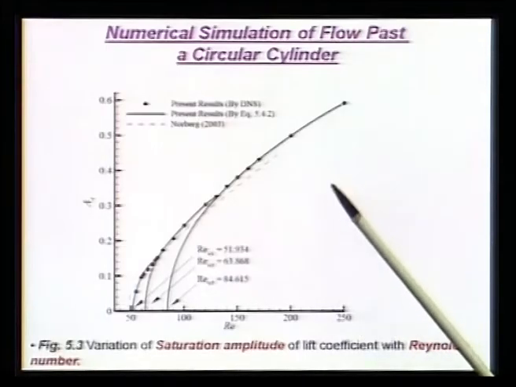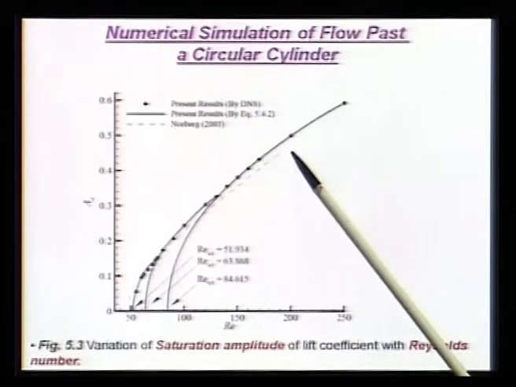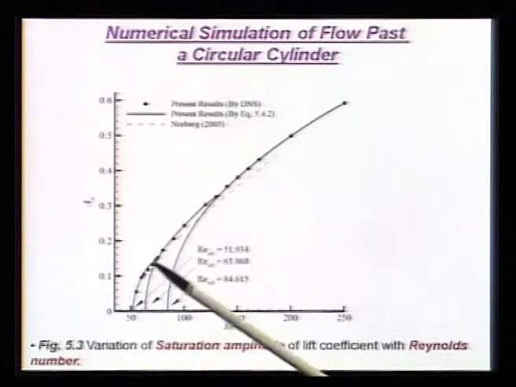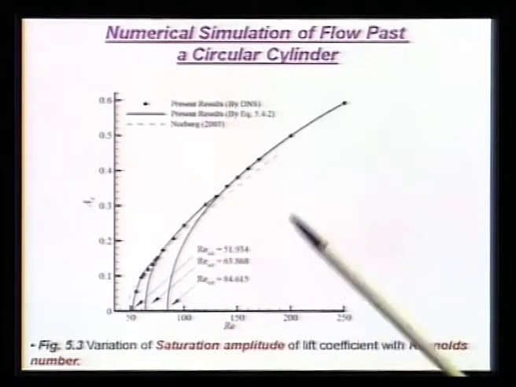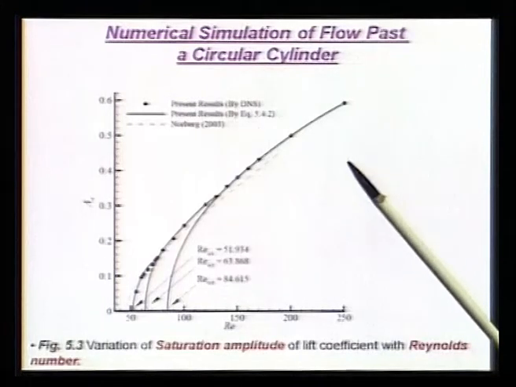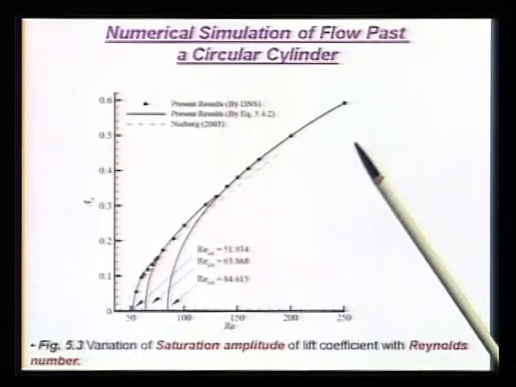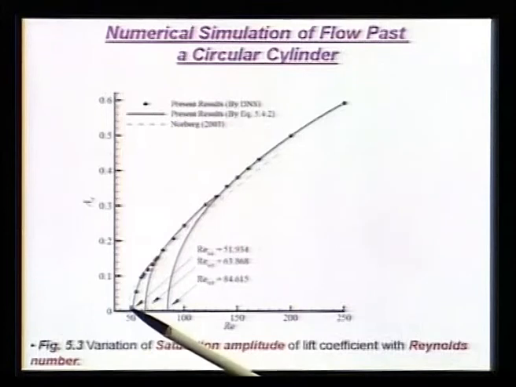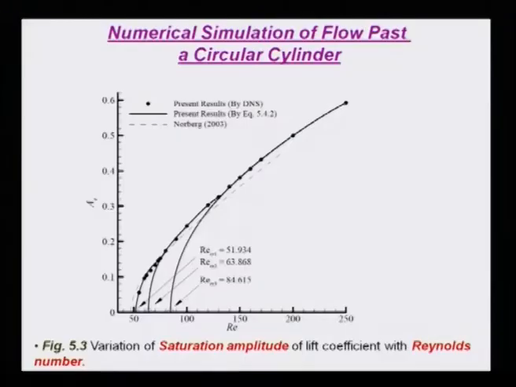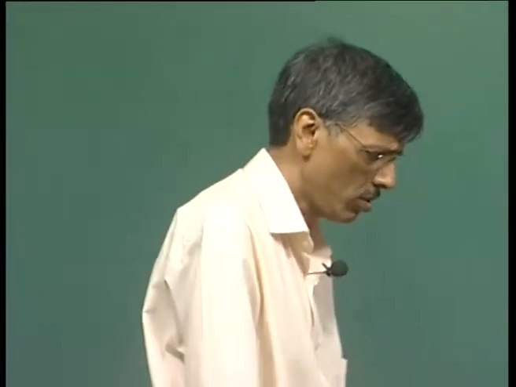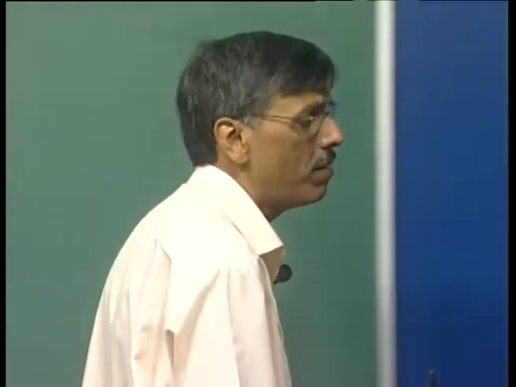Based on his experiments, he produced this kind of empirical fit. So these are not truly experimental data, but a kind of empirical correlation, and that gives you a value which is close to 49 or so. Okay. So this is the kind of thing that we would see.